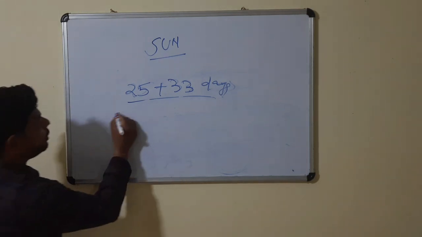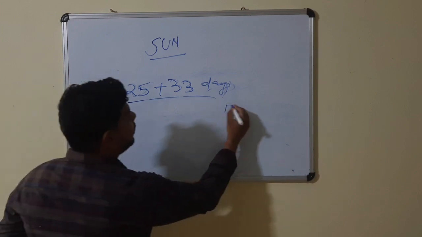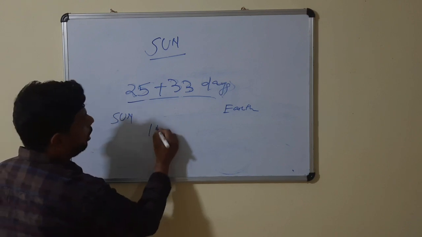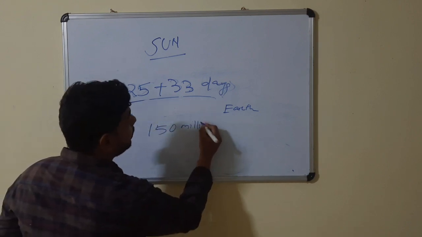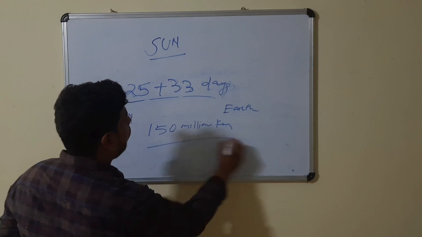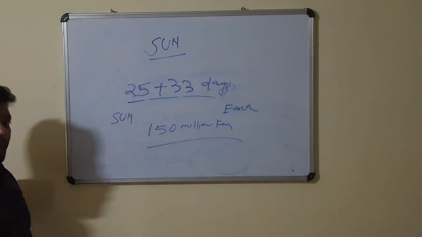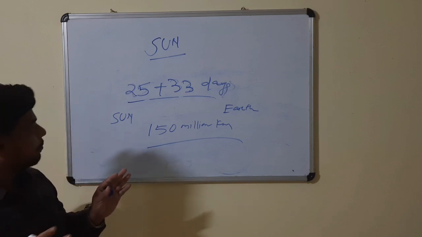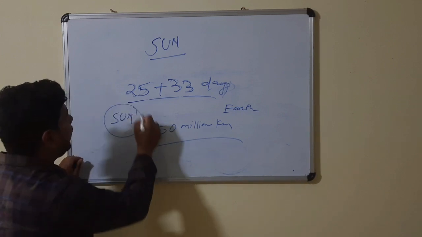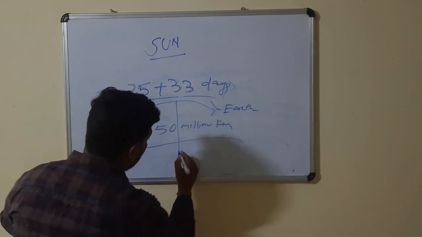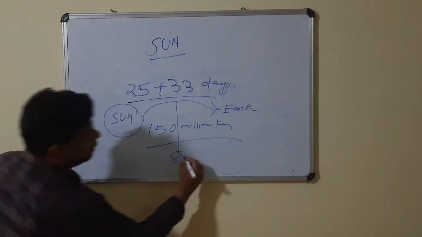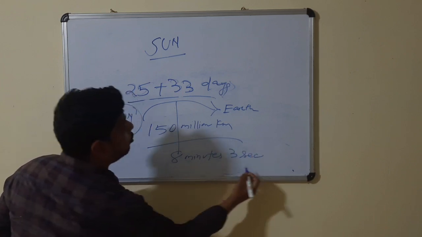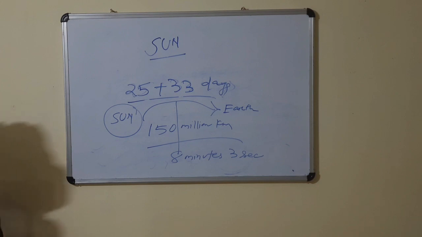Another important thing: the distance between the sun and the earth. It is around 150 million kilometers. Another very important fact: the sun's light takes 8 minutes 3 seconds to reach the surface of the earth.